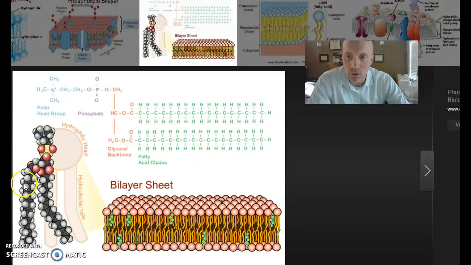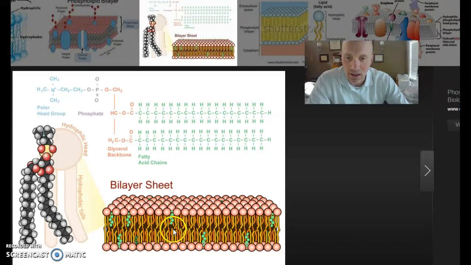If you take a bunch of these, a lot of times they represent it like this, where the circles here are the hydrophilic head. They're going to stack next to each other like this, so you're going to get two layers of them. That's why they call it a bilayer. One side of this would be the inside of a cell, and the other side would be the outside of a cell.